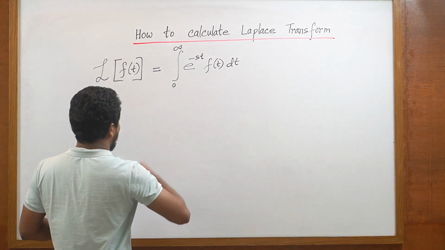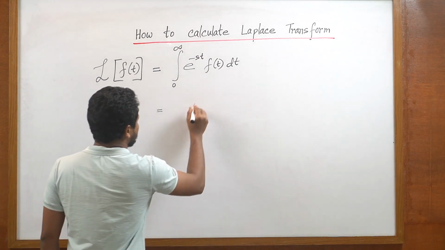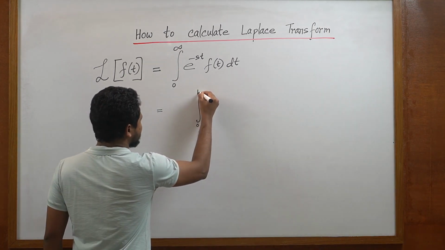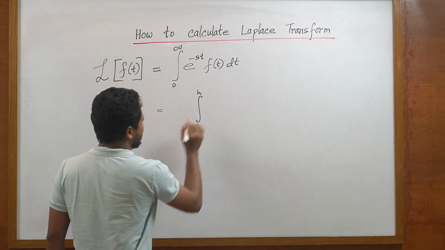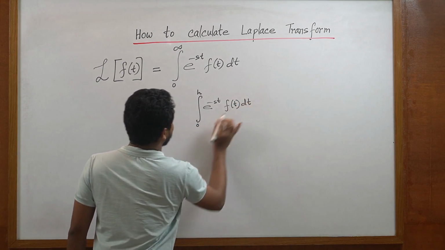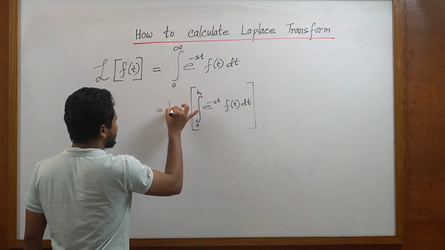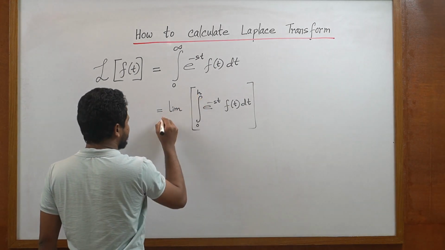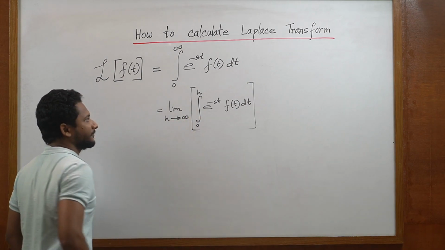So how can we calculate an improper integral? We calculate first from zero to some limit h. Then we apply the limit for that limiting value, so limit h tends to infinity.